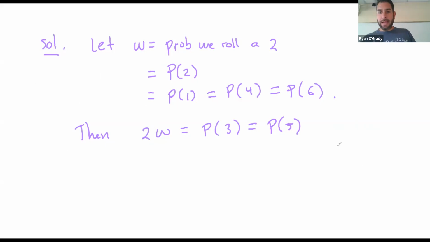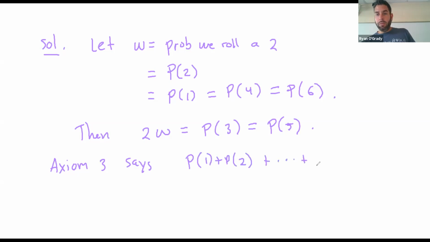Okay, so by our axioms, what do we know? Axiom 3 says that the probability of rolling a 1 plus the probability of rolling a 2 all the way up to the probability of rolling a 6, this has to equal 1.